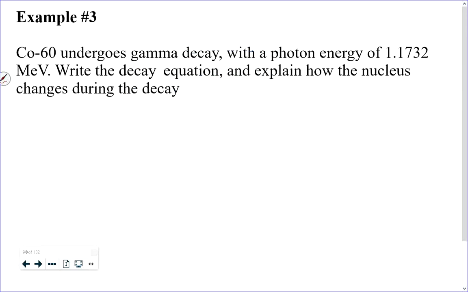So, cobalt-60 undergoes gamma decay with a photon energy of that. Write the decay equation. That's 27. This cobalt is excited. That just means it has more energy.